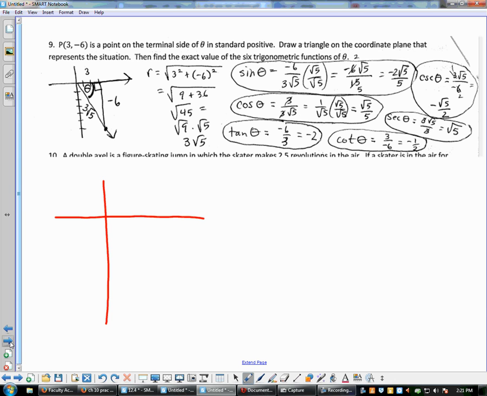So here we want to draw (3, negative 6). So I find that point is right about here, and I start off by going from the origin to that point. That's my terminal side of my angle, and this is my initial side of my angle. All right, technically the angle would look like this, but it's going to have a similar angle measure right here at theta.